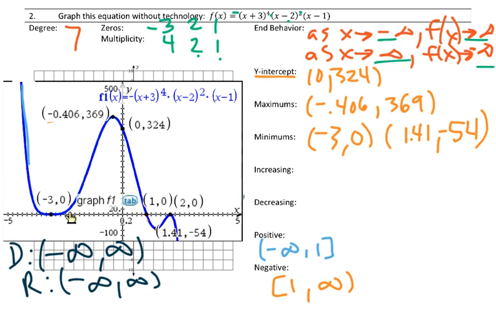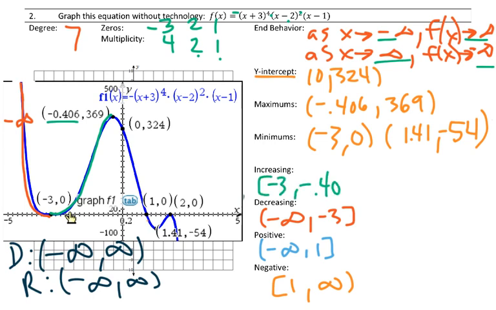Okay, let's see our increasing and decreasing. So, decreasing, we start at negative infinity and we keep decreasing until we hit negative 3. So negative infinity until we hit negative 3, we're decreasing. Then we're going to start increasing from negative 3 to negative 0.4. So negative 3 to negative 0.406, we are increasing. Then we switch back over to decreasing till we hit our minimum.